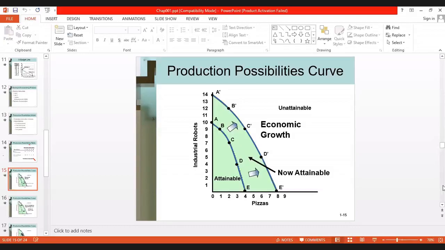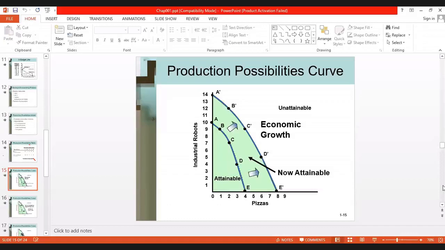Now the society should make a choice among these attainable production choices, the one which is best for the society, for maximum satisfaction of the society.